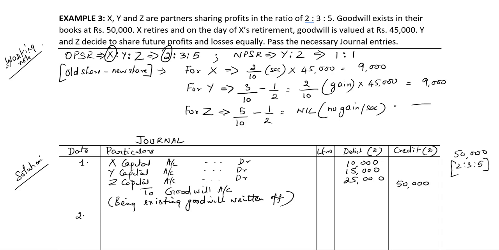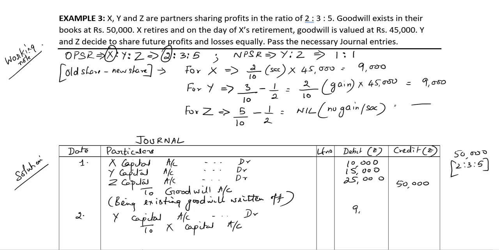Second journal entry, for the valuation of goodwill of rupees 45,000, we'll debit the gaining partner, Y capital account debit, and credit the retiring partner, X capital account.